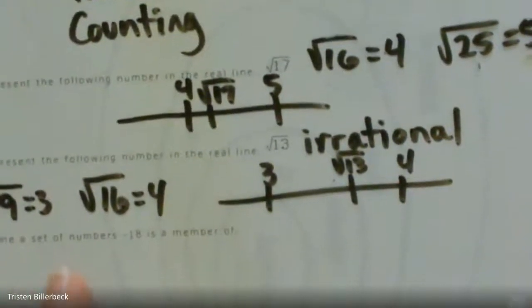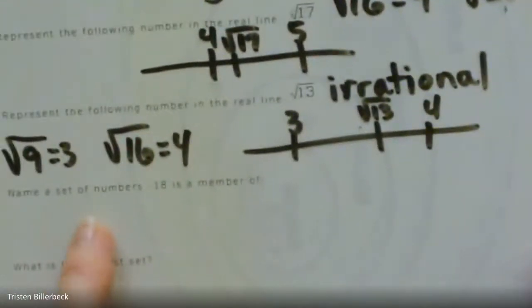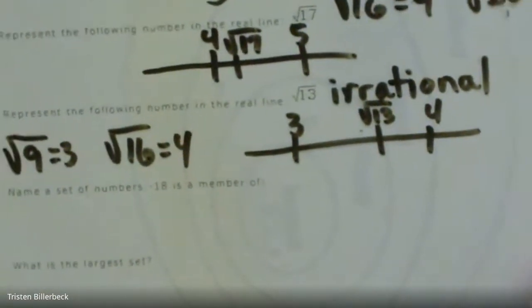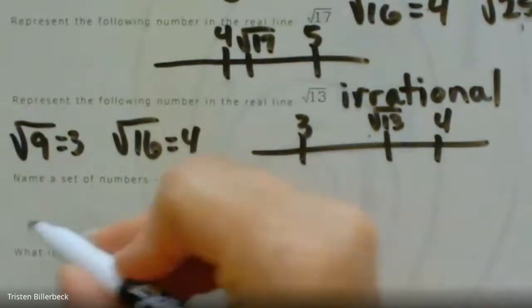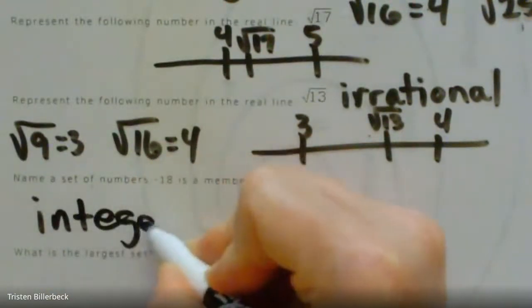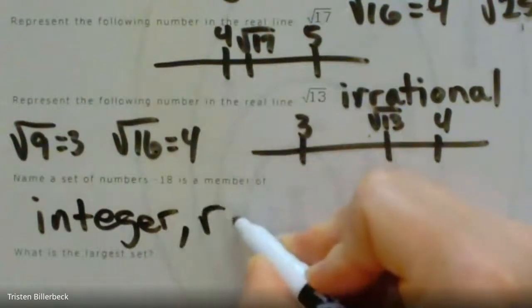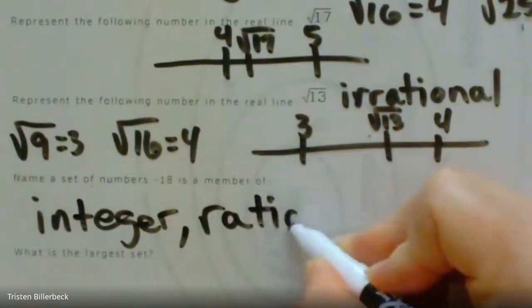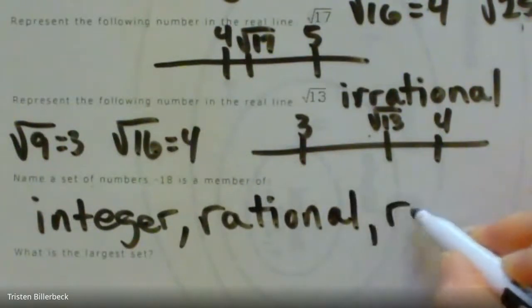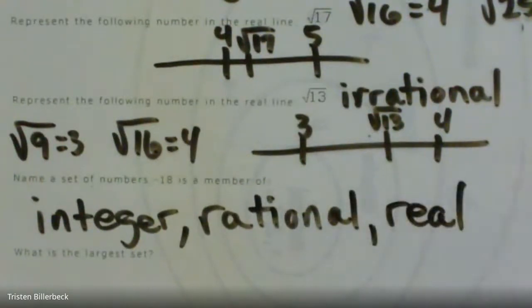This one says name the set of numbers negative 18 is a member of. Well, it first appears as an integer. And then it's a rational number, because rational numbers encompass integers, and it's also real. What's the largest number set?